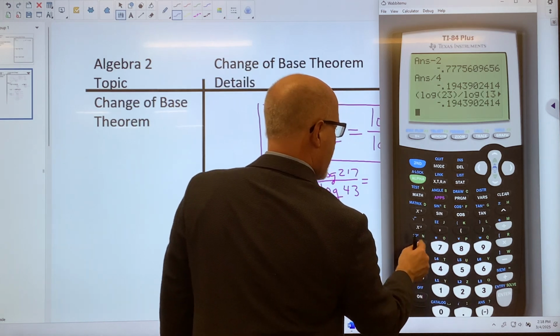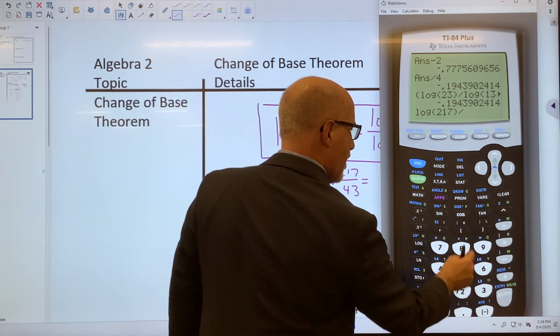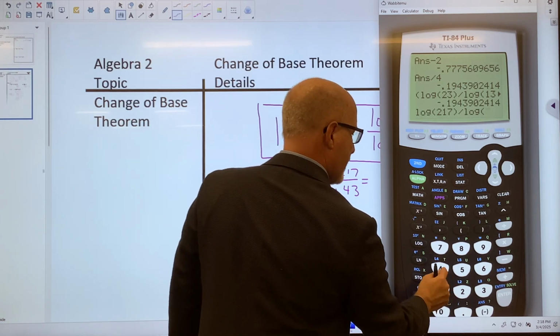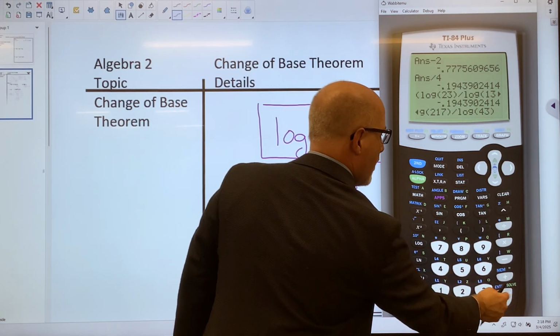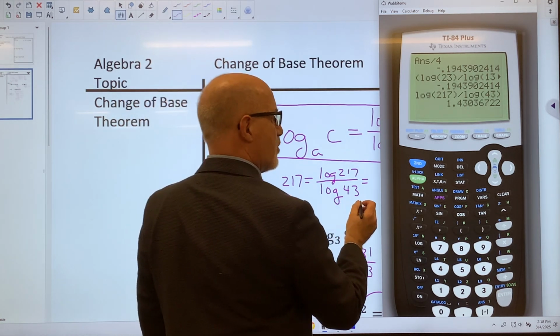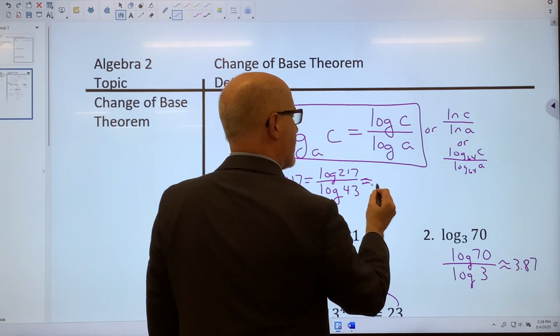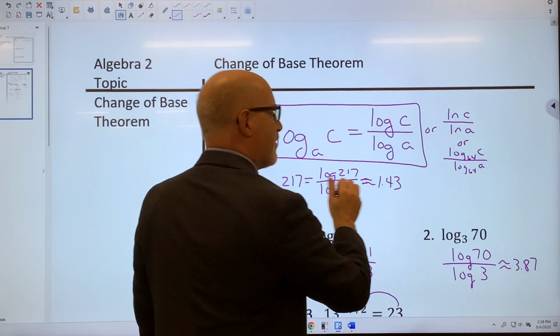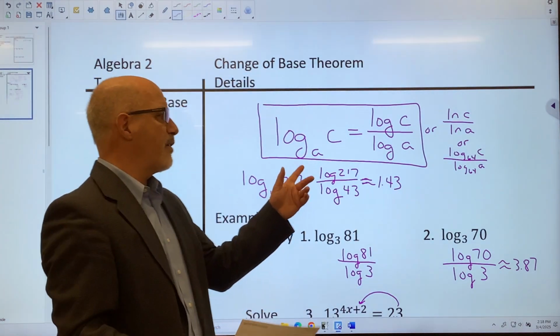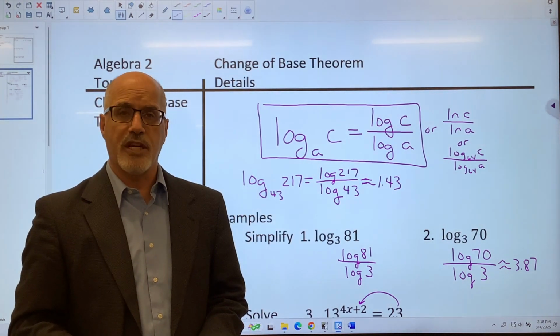Log of 217 divided by log of 43, approximately 1.43. Now I have the world open to all these different bases that I can calculate what the logs are using the change of base theorem.